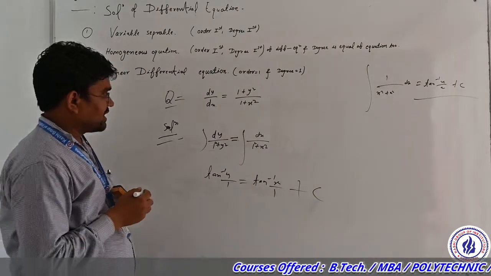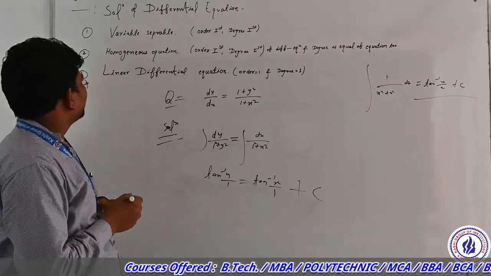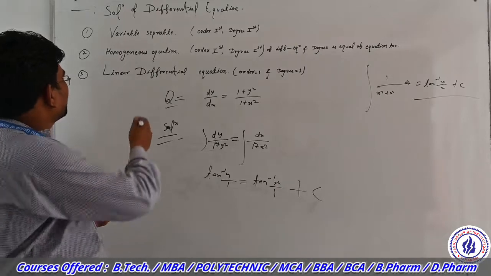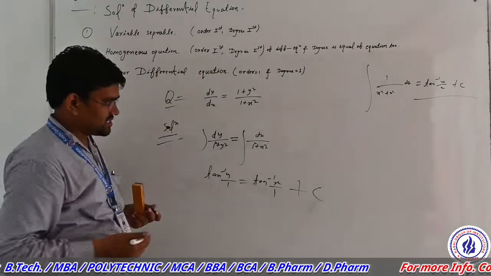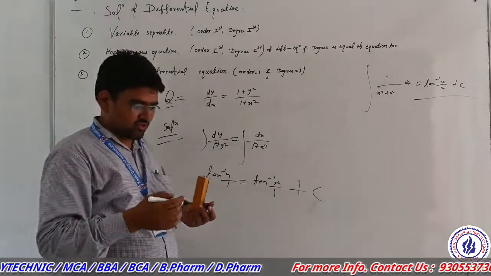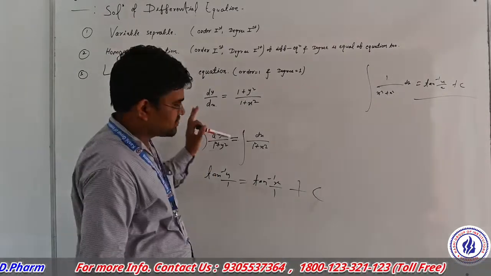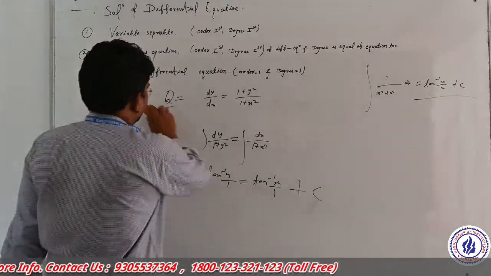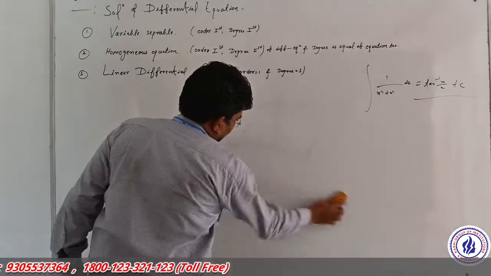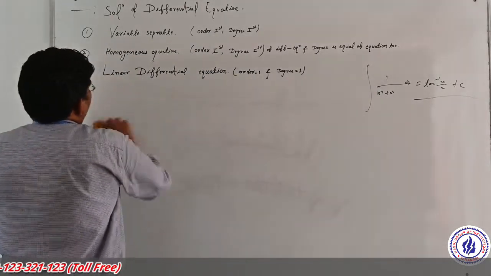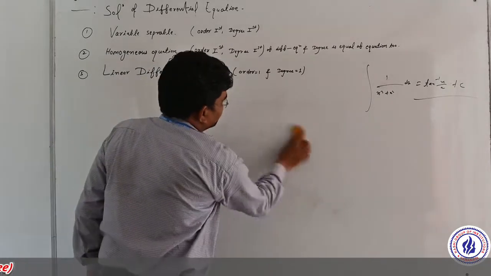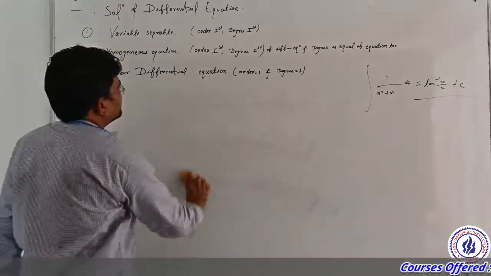So my dear student, with some more interesting examples, we proceed to the homogeneous equation. Come and see the homogeneous equation here. I think all of you are sure, so I am proceeding to the next point. The second heading is the homogeneous equation.